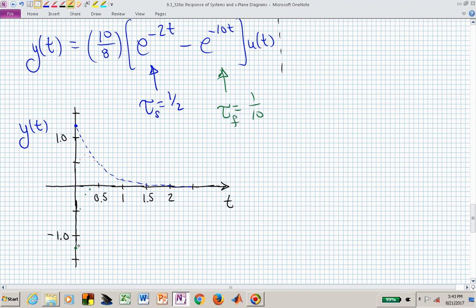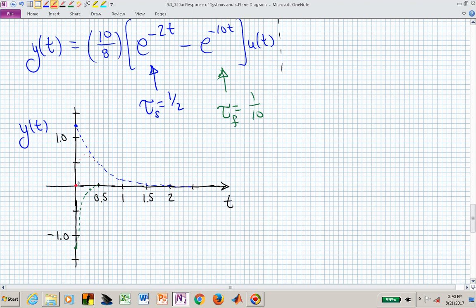So in green, after 5 of those, 5 1/10ths, or in half of a second, we're now gone. So if we now take and subtract the green from the blue, we're going to generate what actually is happening in y of t, which at 0 we have 1 1/4 minus 1 1/4, so we start at 0.